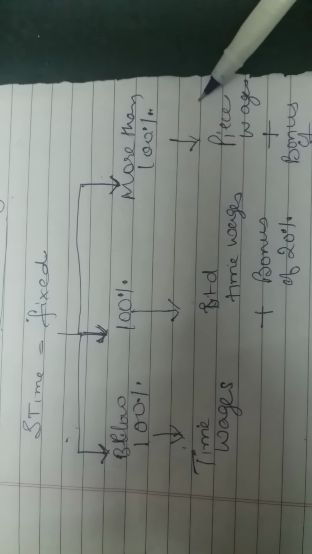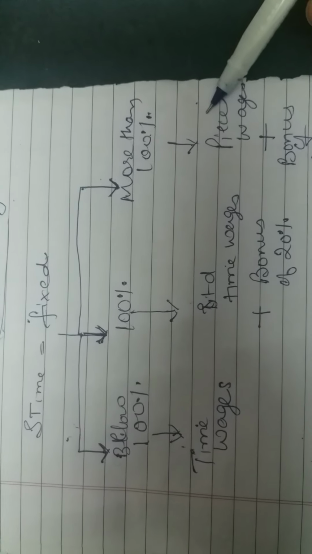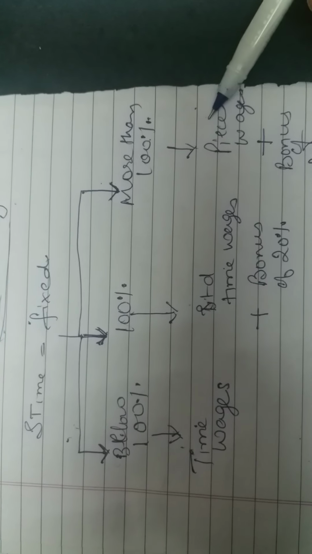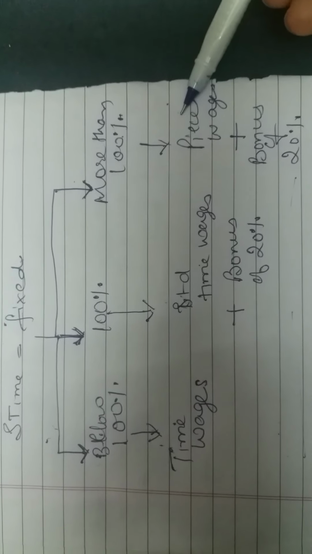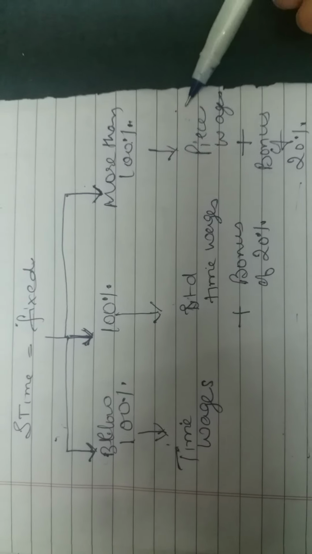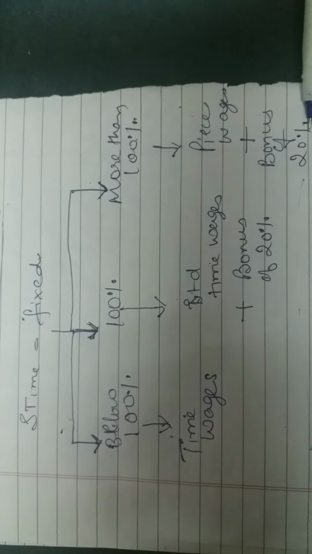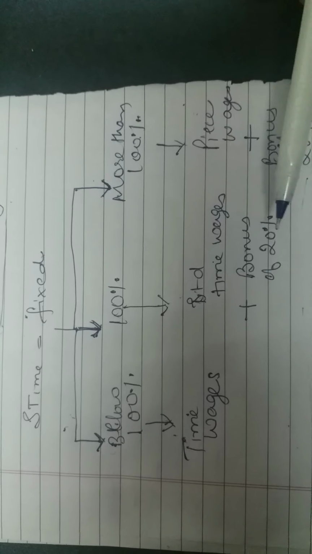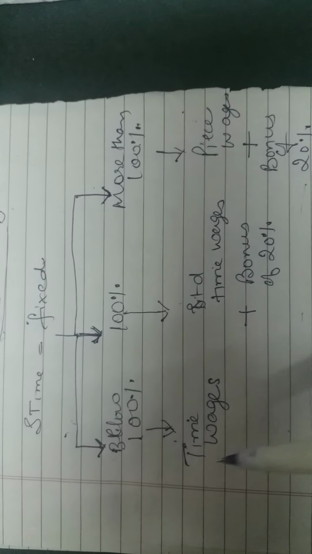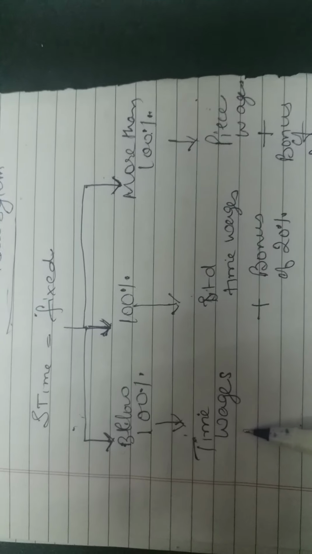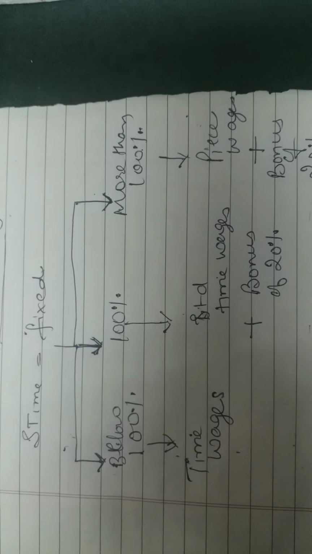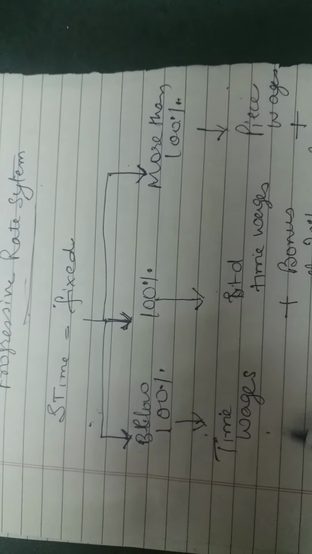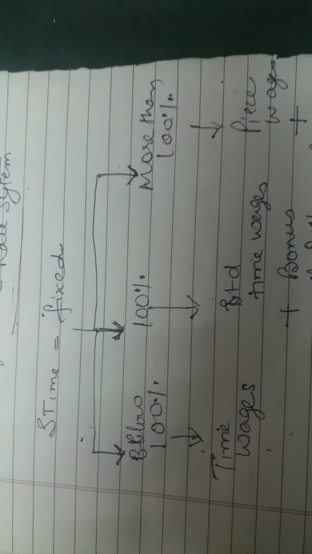And if he completes the task in less than standard time, his efficiency is more than 100%. So piece wages plus bonus over here, standard time wages and bonus over here, and here only time wages are given for the time taken by him to complete the task. So let us take an example.